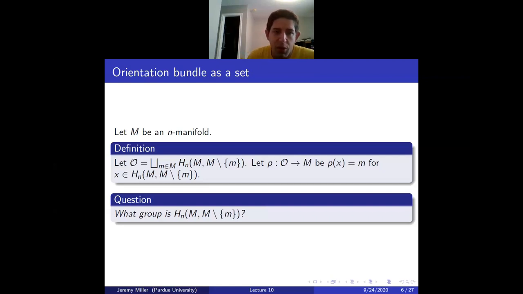But the idea is that if you have a point M prime that's near M, then intuitively we want to say the homology of M, rel M minus M, is near the homology of M prime, rel M minus M prime.